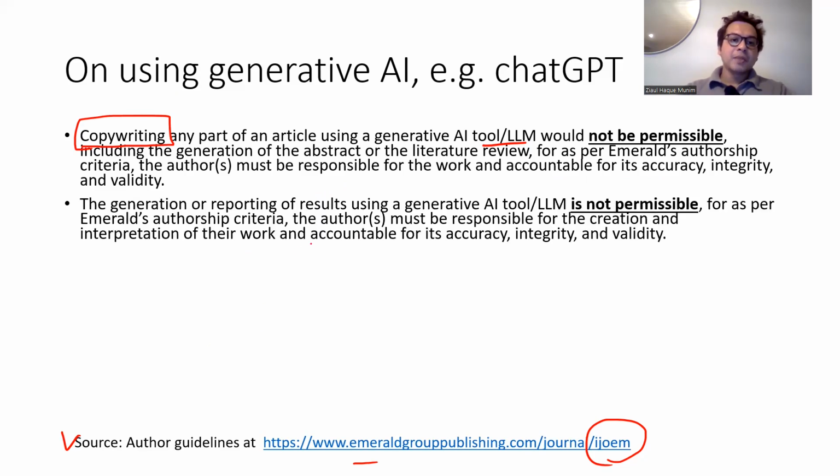Then the generation or reporting of results that uses a generative AI tool or LLM is also not permissible. As per Emerald's authorship criteria, the authors must be responsible for the creation and interpretation of their work and accountable for its accuracy, integrity, and validity. One of the issues with these large language models and generative AI tools is that they are not really developed with the goal of generation and reporting of results.